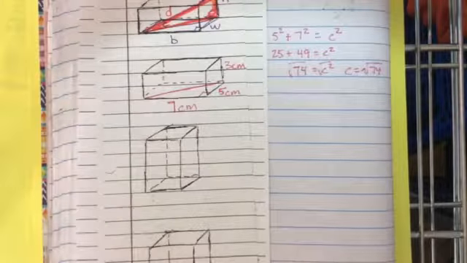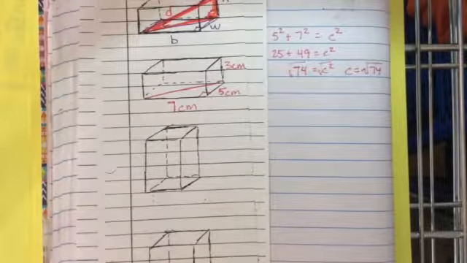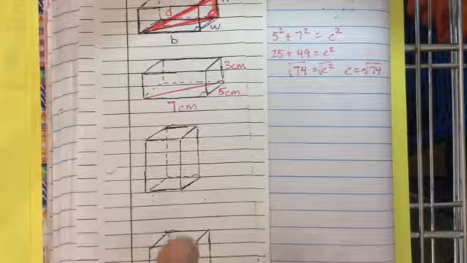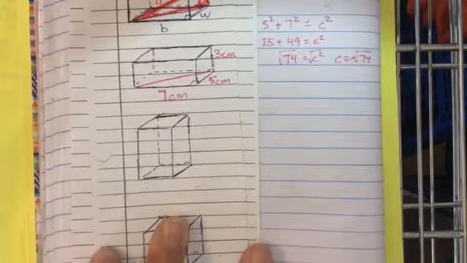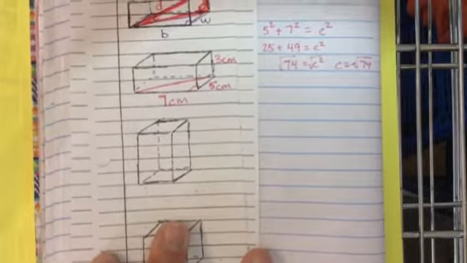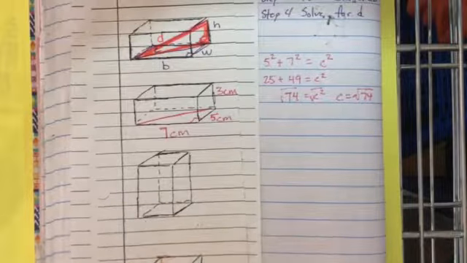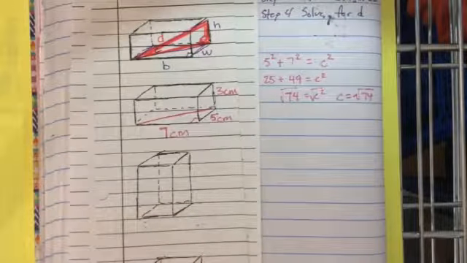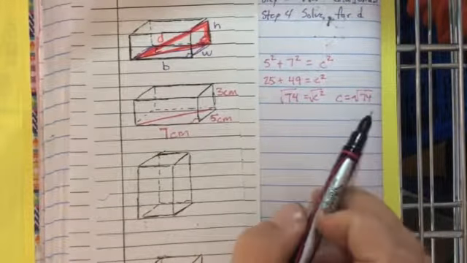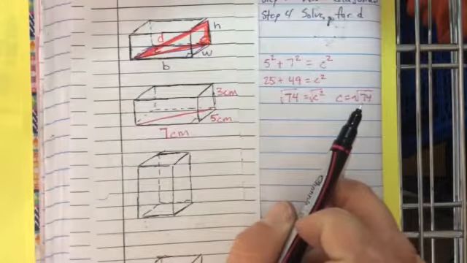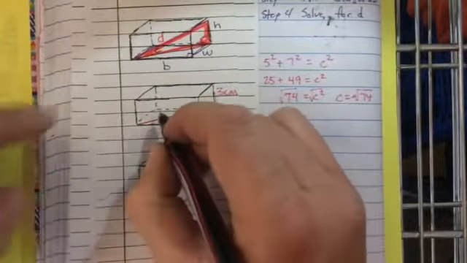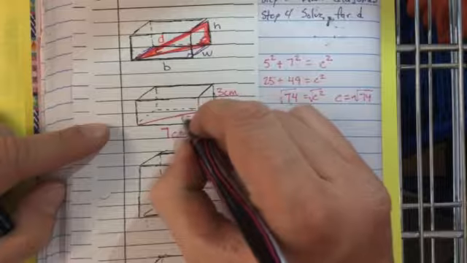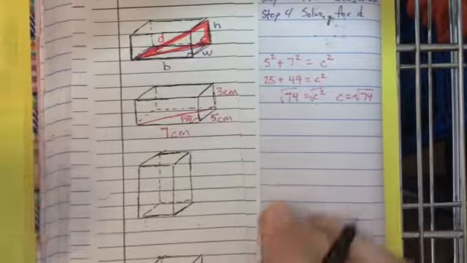Don't simplify it at all. Just have it be the square root of 74. So this will make sense here in a second why we're going to leave it as the square root of 74. So this length right here we just found to be the square root of 74.